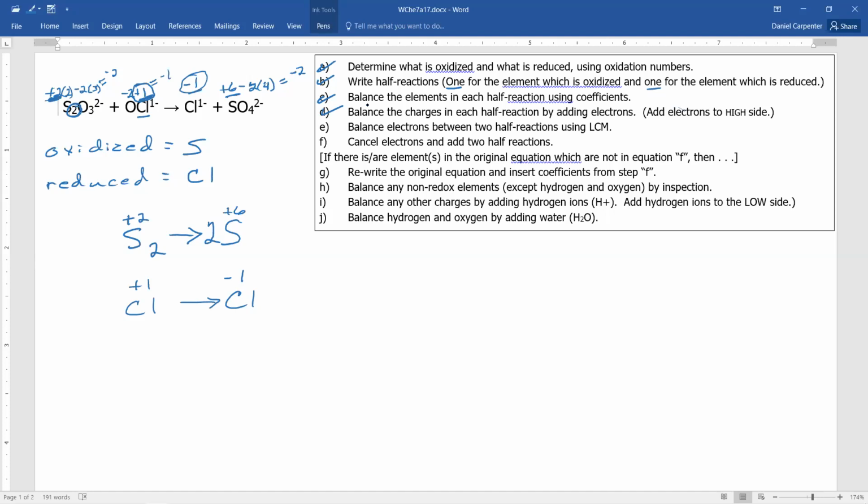Now, step D, balance the charges by adding electrons. Now, I had you write something down there. You should say it out loud to yourself again. You will multiply what? You will multiply coefficient times subscript times oxidation number. So it is 1 times 2 times +2 is +4.